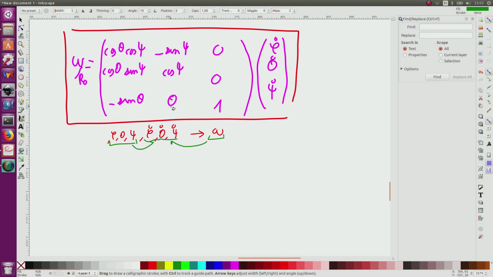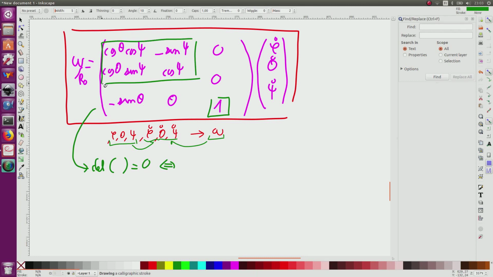We may have a problem if this matrix is singular. So let us compute the condition where the determinant of this matrix is equal to 0. Since I have 1 here, this determinant is equal to 0 if the determinant of this 2 by 2 matrix is equal to 0.